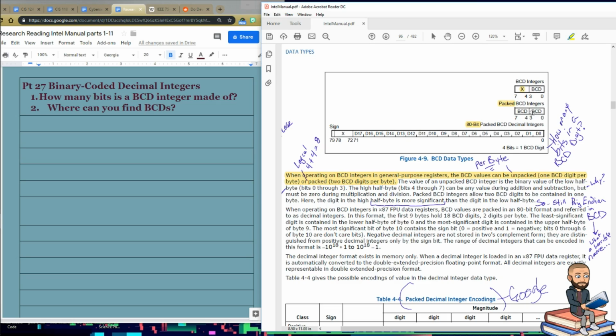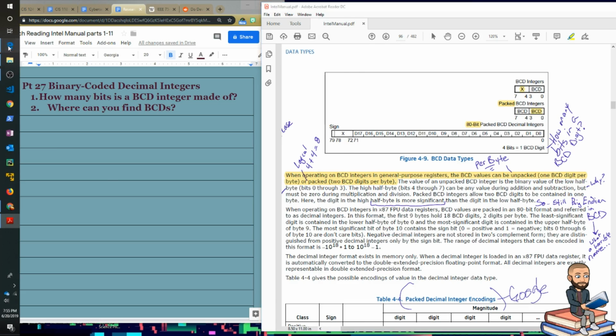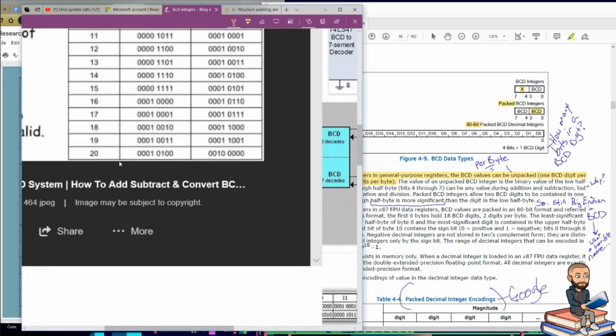Whatever number is here, right, 0 through 9, was it? Well, it has to be. If I have all ones, I have the number 15, right? 8 plus 4 is 12, plus 2 is 14, 15, yeah. But I can't have a 15. Let me go back to that chart and see if they show us really huge numbers. Well, no, they stop at 20, so.